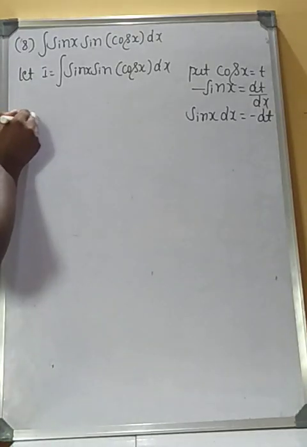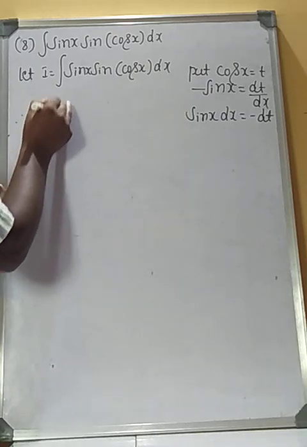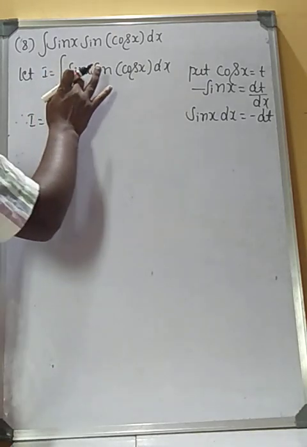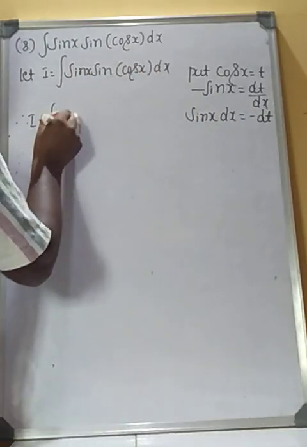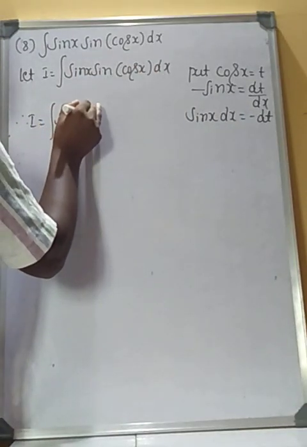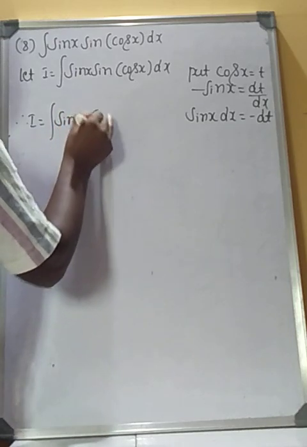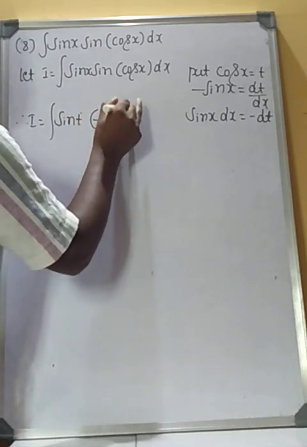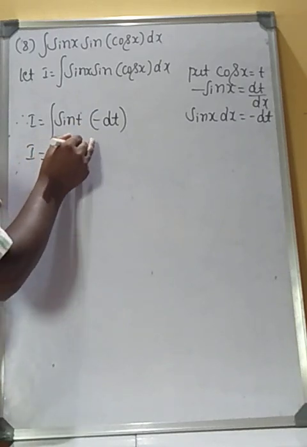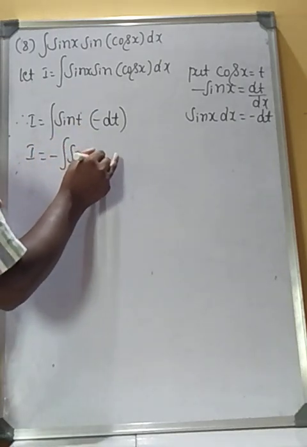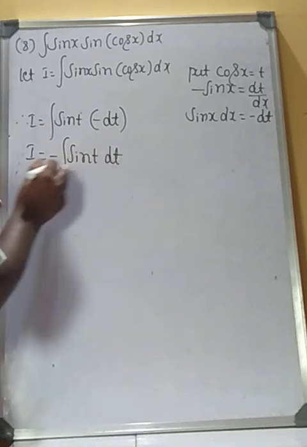Therefore I = ∫ sin(cos x) × sin x dx, where sin x dx is −dt and cos x is t, so I = −∫ sin t dt.